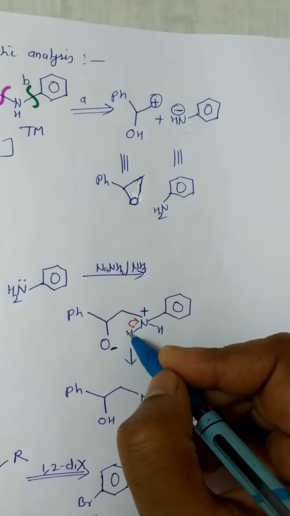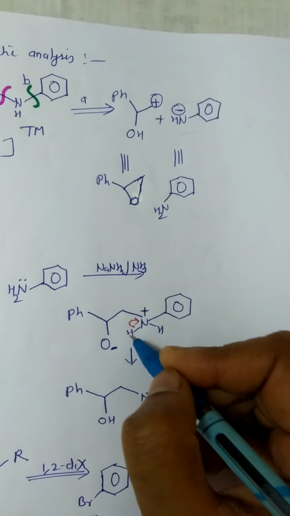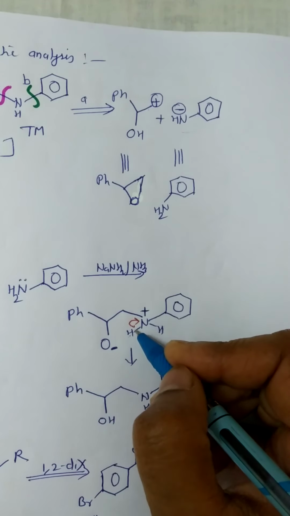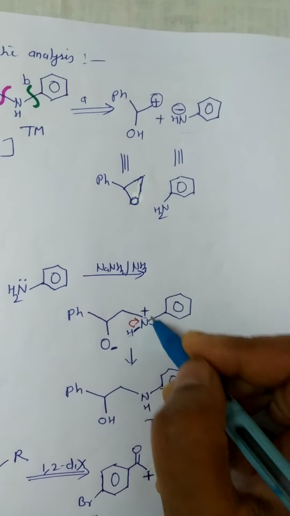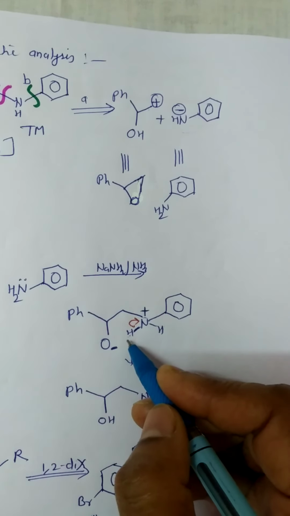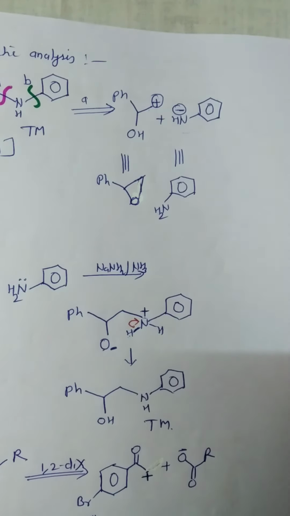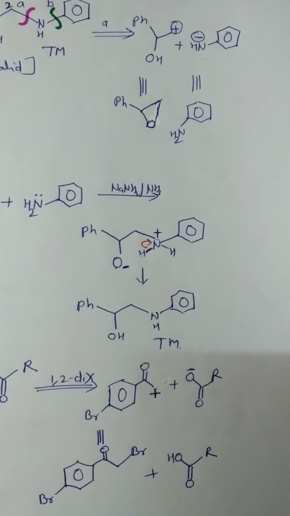Therefore, hydrogen removal takes place, and hydrogen is removed as a proton, donating the bonding electrons to this nitrogen atom. Therefore, this nitrogen becomes neutral, and this hydrogen which is removed as H plus is added to this O minus, and we get the target molecule of this type.